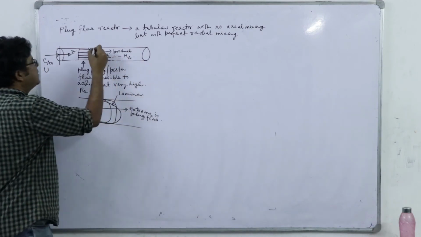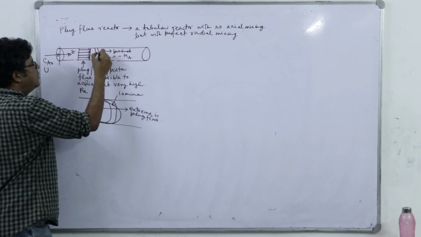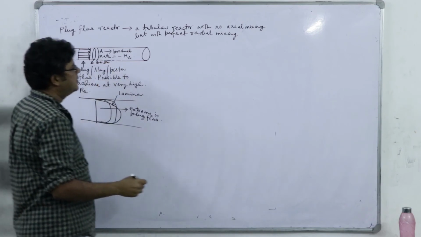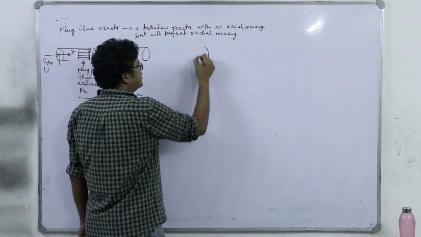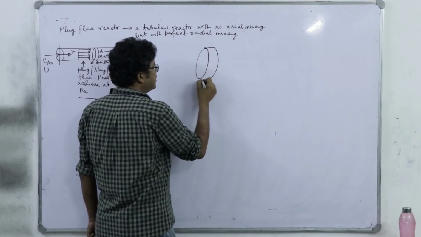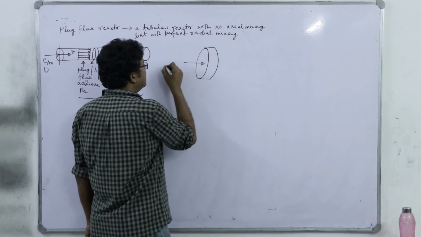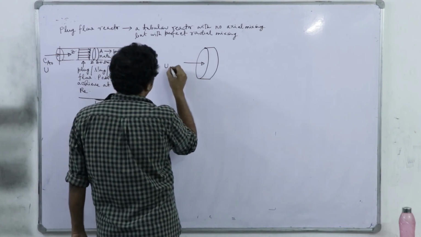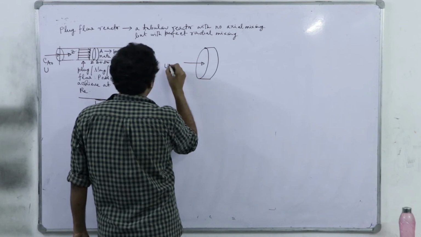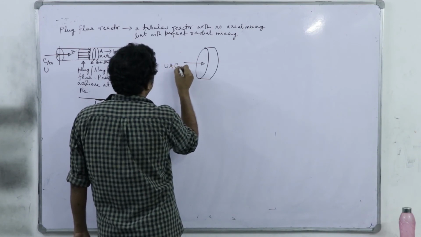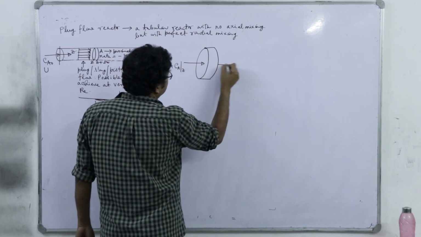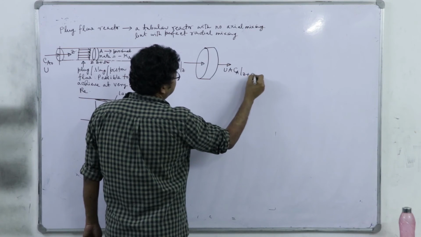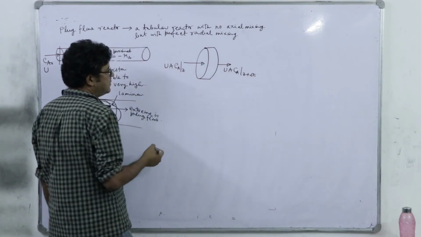So you consider this elemental volume once again between Z and Z plus delta Z. What happens over there? The volume flow rate will be U into A multiplied by concentration Ca at Z moving in, U into A into Ca at Z plus delta Z moving out, and there is reaction taking place.